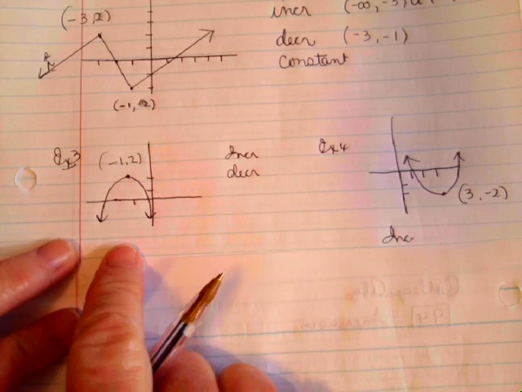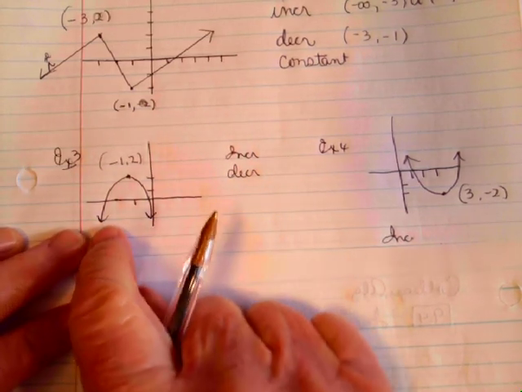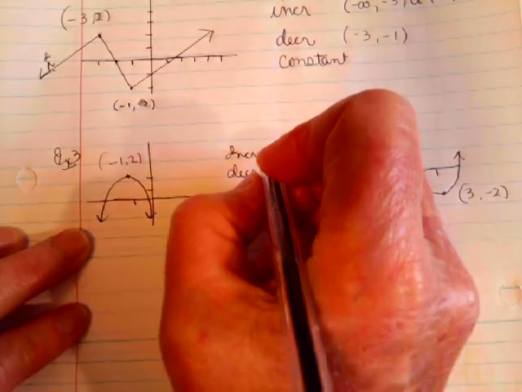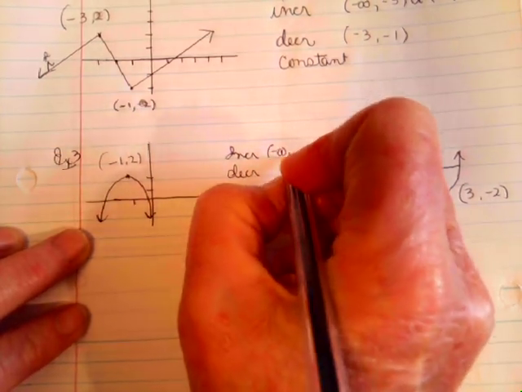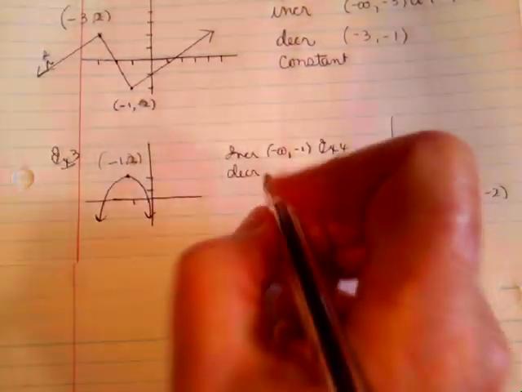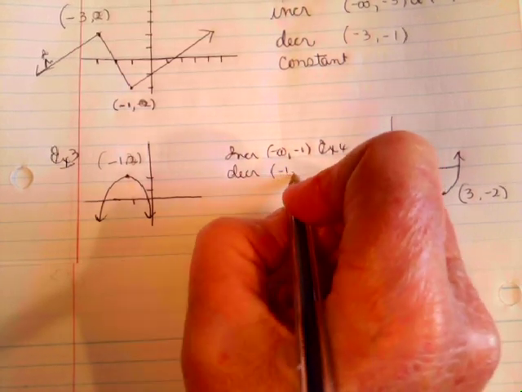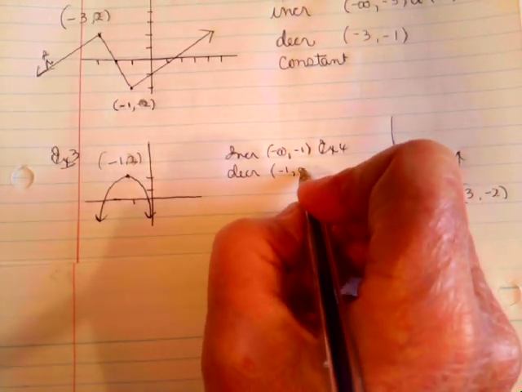Example 3. Where is this increasing? This is increasing from -infinity all the way to, we're marking out this 2, so it's all the way to -1. It is decreasing from -1 all the way to infinity.